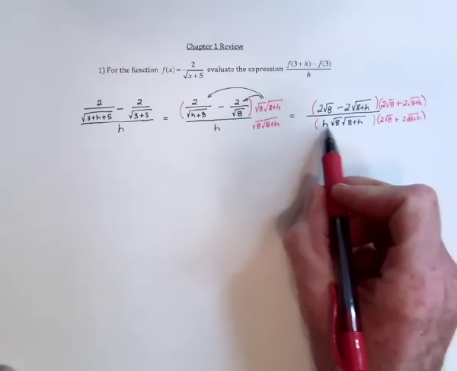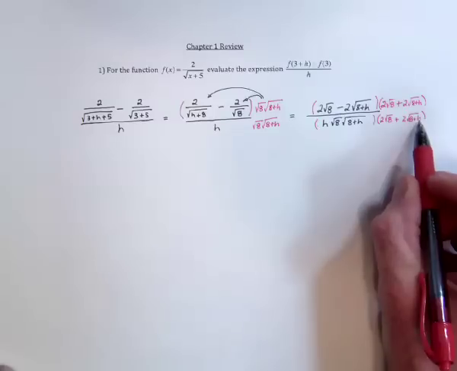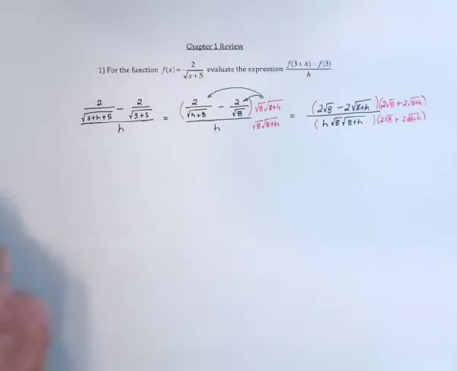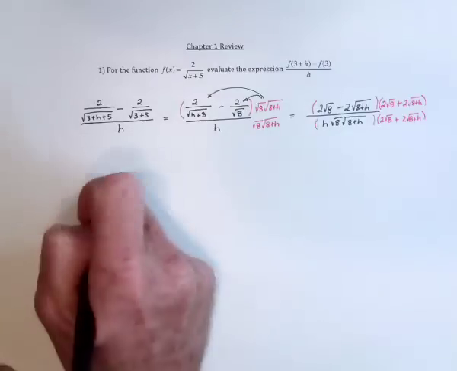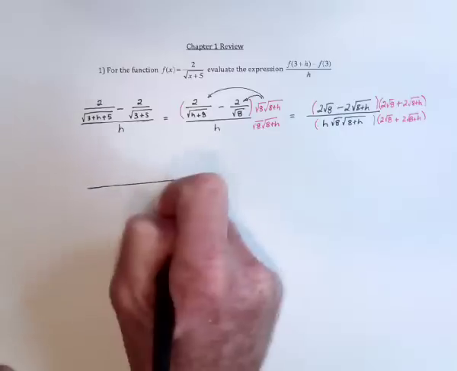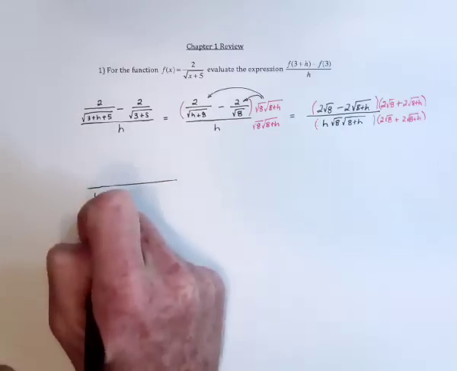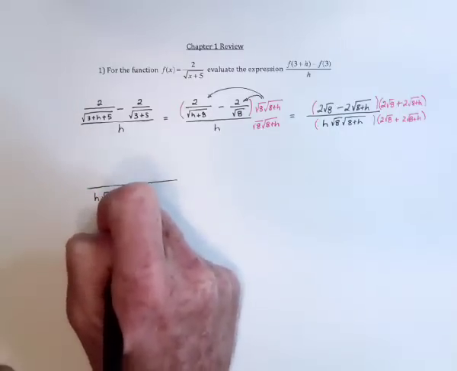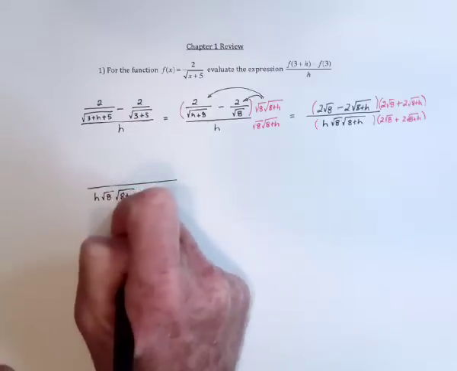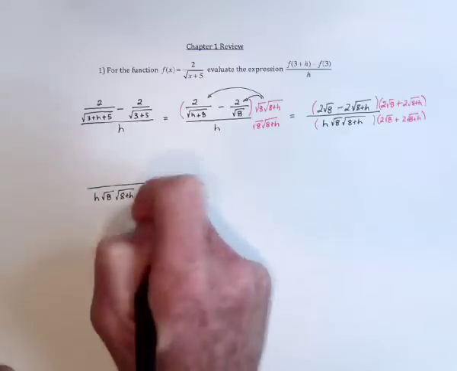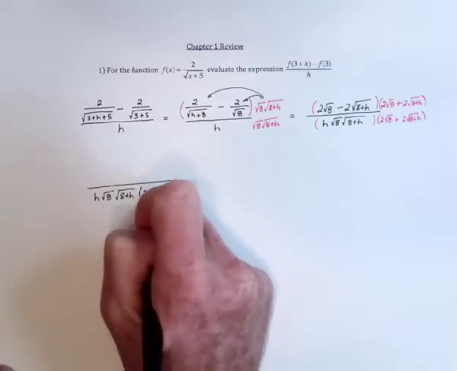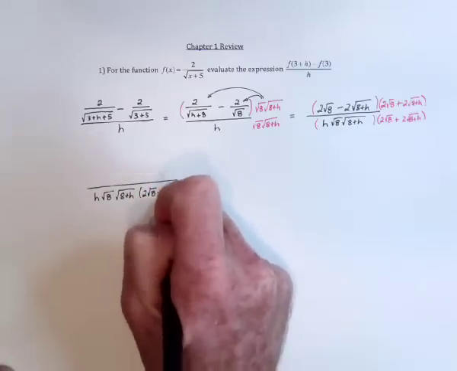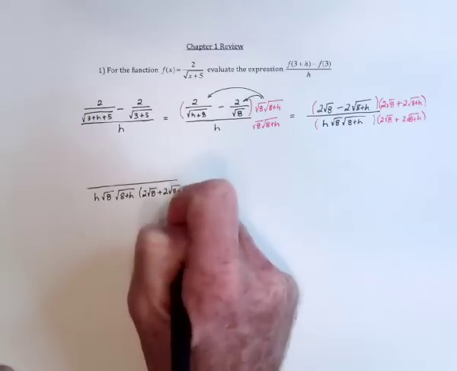And for the denominator, don't multiply it out, don't distribute, but just write down the whole string all multiplied together. So the denominator now has an 8, an h, a square root of 8, a square root of 8 plus h, and then multiplied with that, and just leave it in parentheses, is this conjugate of the numerator.